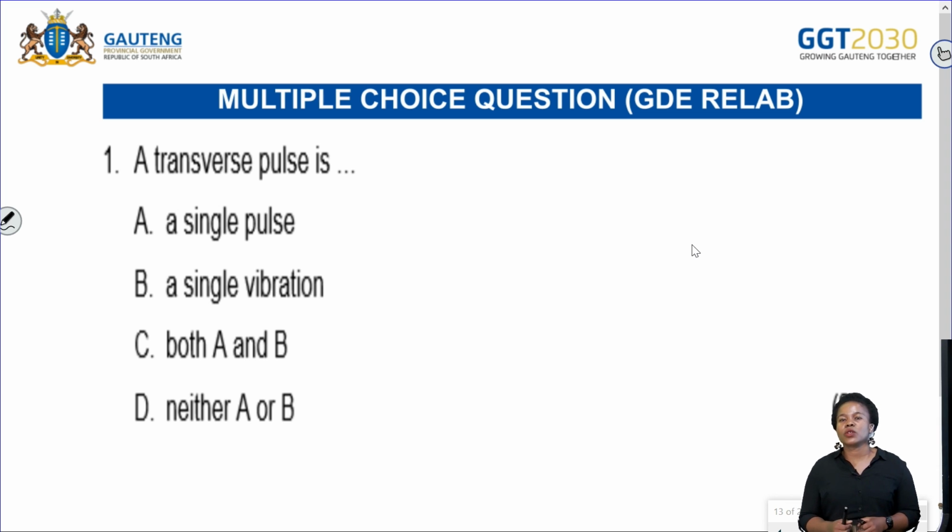So the first one is taken from the Gauteng Department of Education Relab, and it says, a transverse pulse is a single pulse, okay? A single vibration. Is it C, which is saying both A and B, or is it D that says neither A nor B?